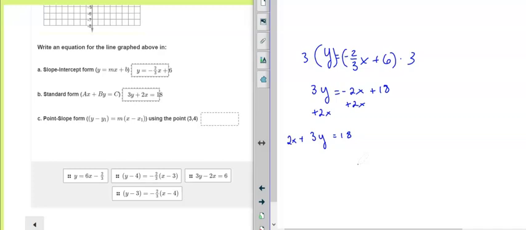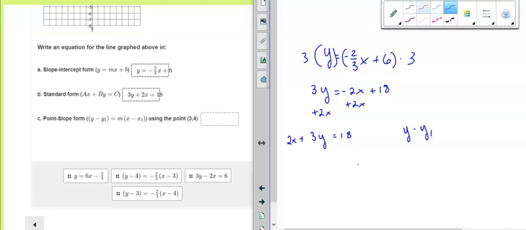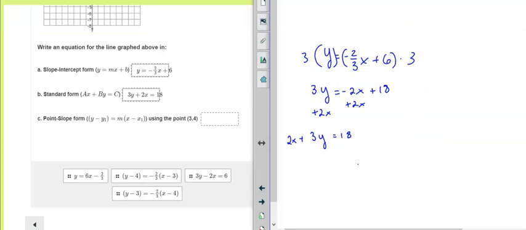And then the slope-intercept form is where you have the slope. Point-slope form is basically where you have a point and then you have the x and y. So I think I can go ahead and do that. So that is y minus y1. Here, let me do it in a different color so it doesn't get confusing. So the point-slope form is y minus y1 equals the slope, and then you have x minus x1.